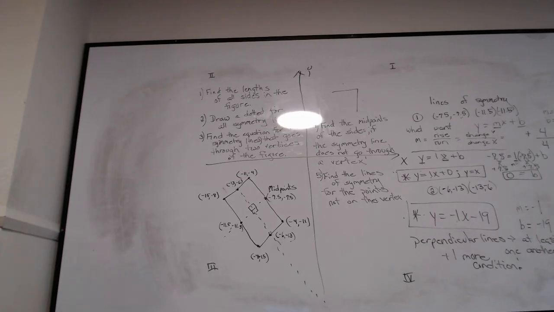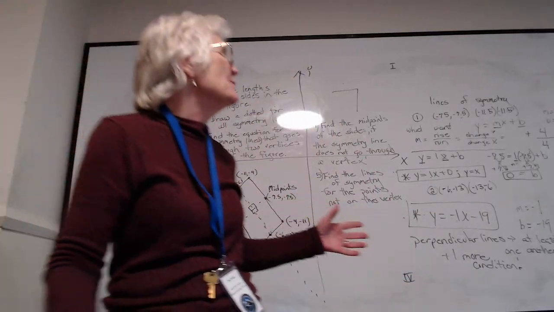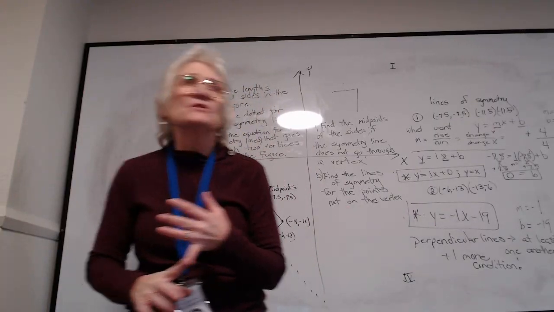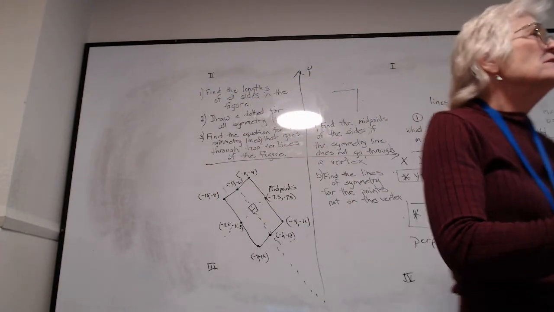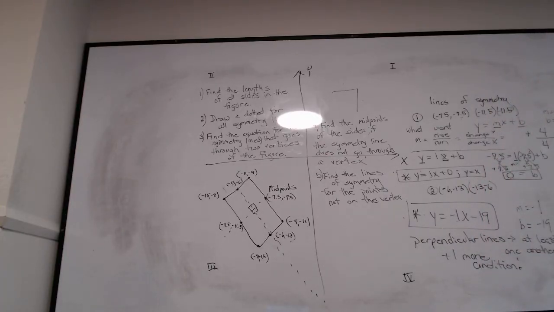So that was basically from yesterday. That's the continuation of finding lines of symmetry on the coordinate graph. We're doing geometry because we're identifying lines of symmetry and the types of figures that they are. But we're adding in the algebra part when we find midpoints, lines, and lengths of sides.